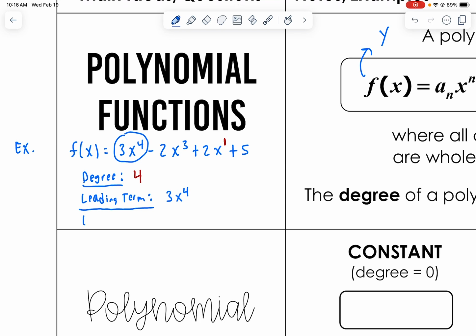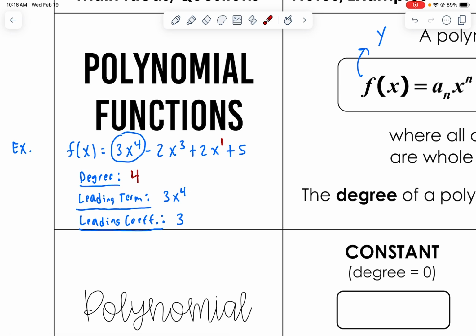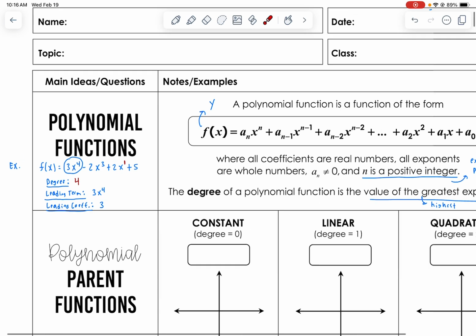Now if they ever ask for the leading coefficient, the leading coefficient would be the number in front of our term. So the leading coefficient here would be 3. Okay. So once again, the degree of this polynomial is 4, the highest exponent. Our leading term is 3x to the fourth, and our leading coefficient is 3. So that will be very important in the near future.